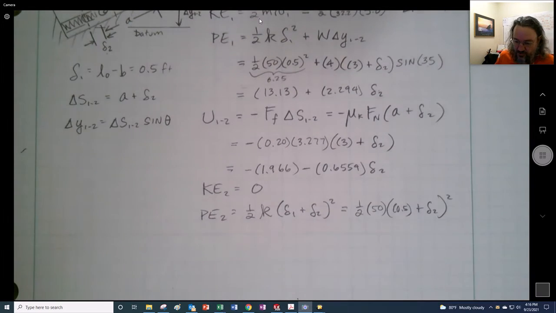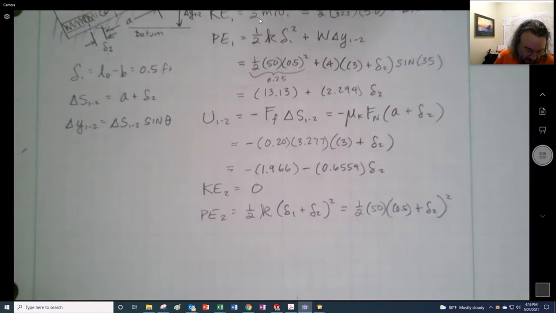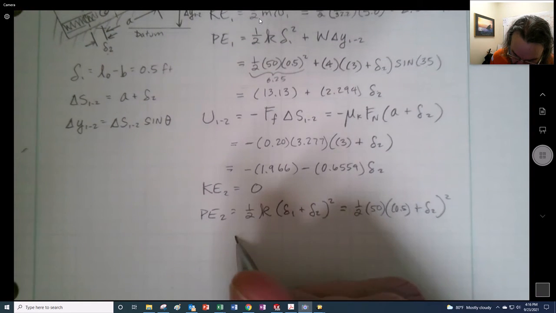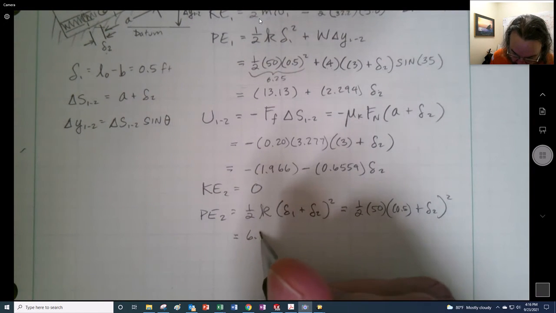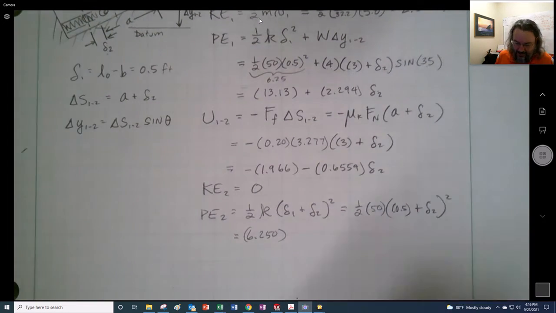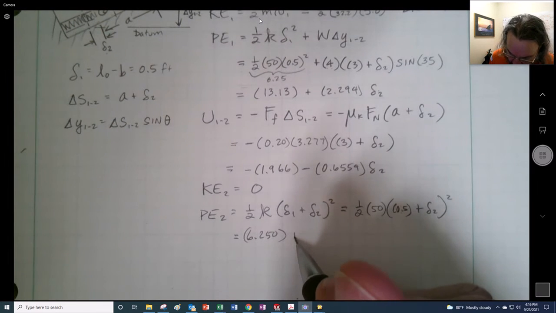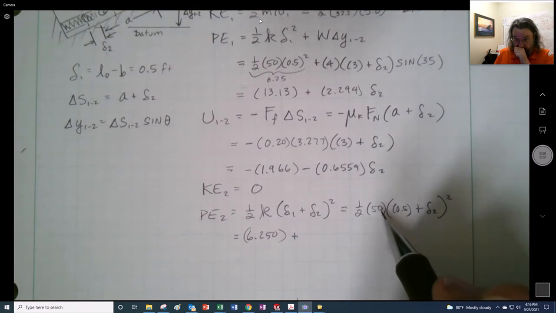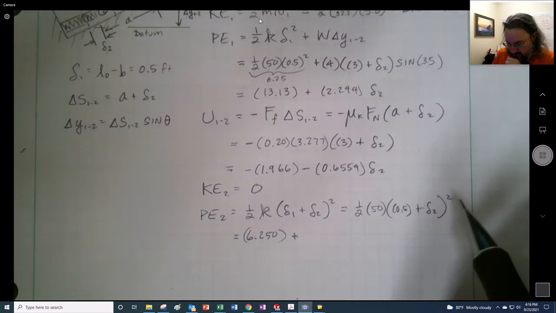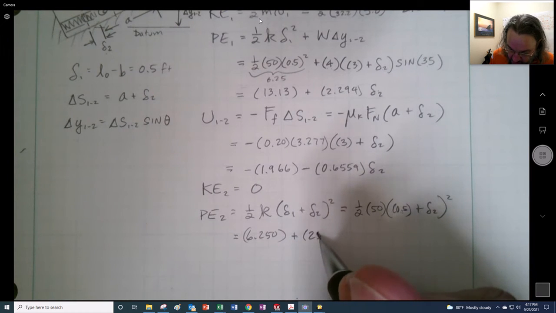So, gotta have to do that little FOIL thing, aren't we? We're going to multiply both of them by 25, but it's going to be 0.5 squared times 25. So we're going to get this equal to 6.250. The next one, the outside and inside, is going to be 2 times 0.5 times del, right? So we're going to have plus, also times 25, because there's 25 right here, but we have 0.5 times this twice, so just del 2 times 25. So we end up with 25.